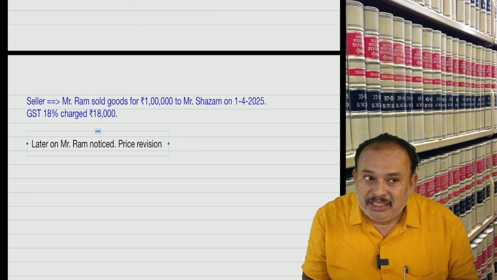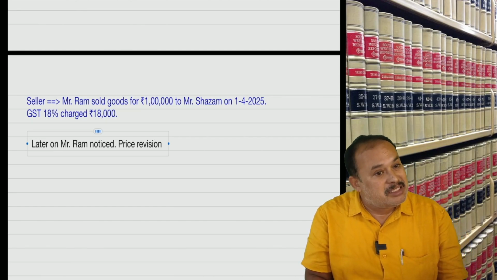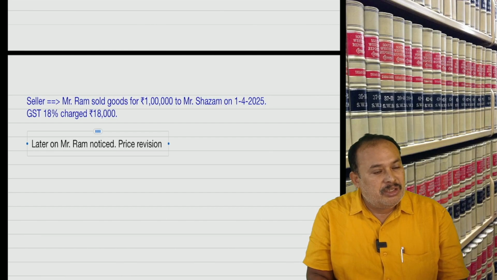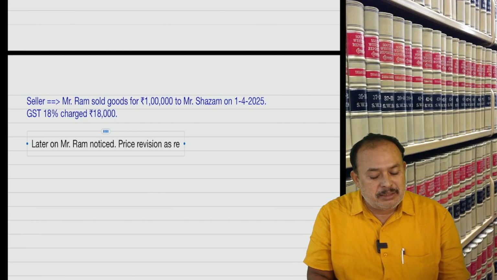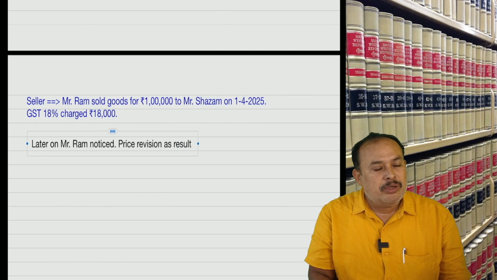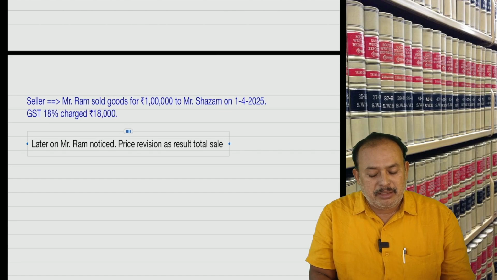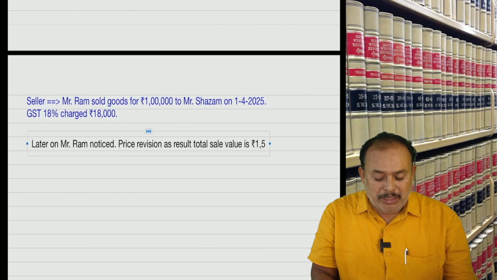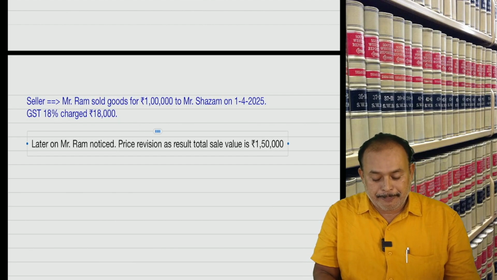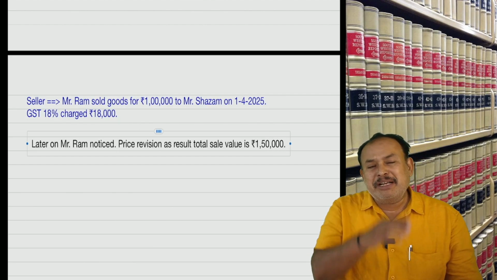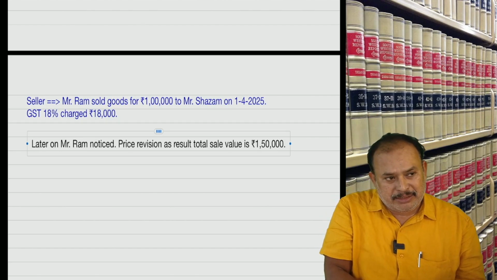Sold for 1 lakh, later on noticed the price revision. As a result, the total sale value is rupees 1,50,000, but issued what value? 1 lakh.